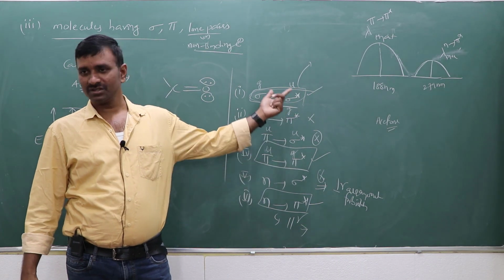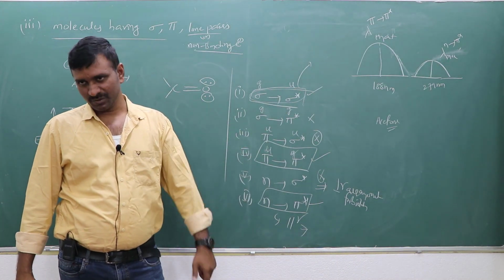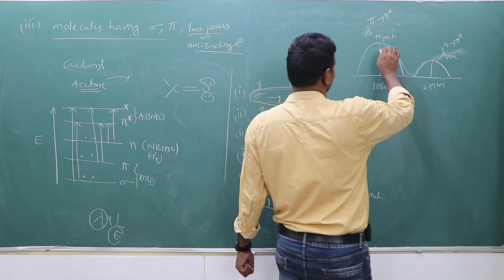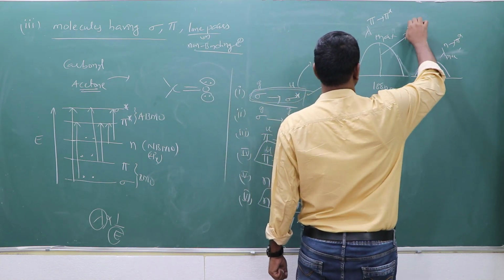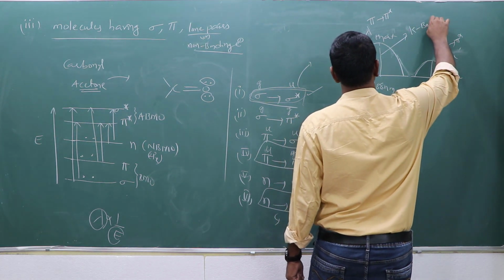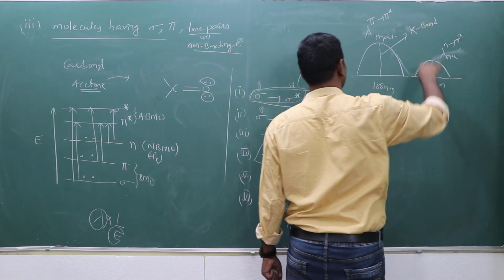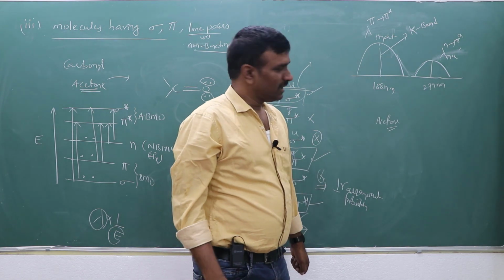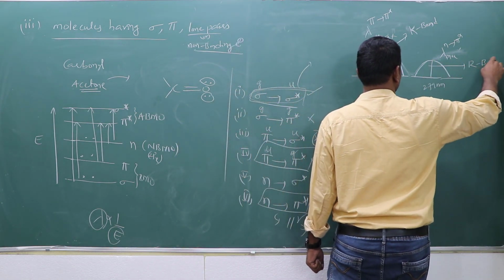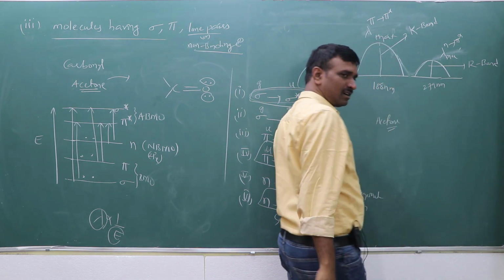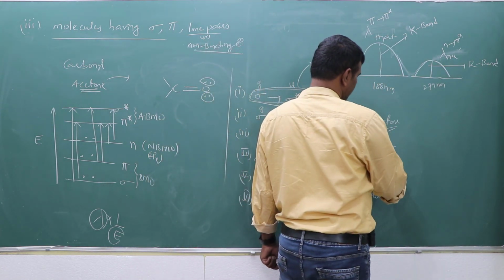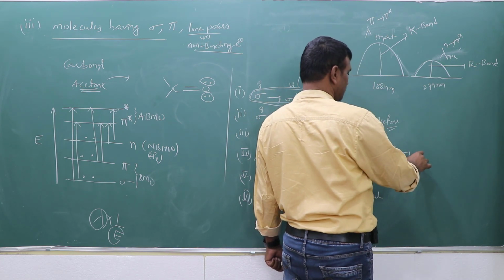Based on the energy, sigma to sigma star is also possible. More particularly in the acetone molecule, this band is considered the K band, and the n to pi star band is considered the R band. K and R may be German words.